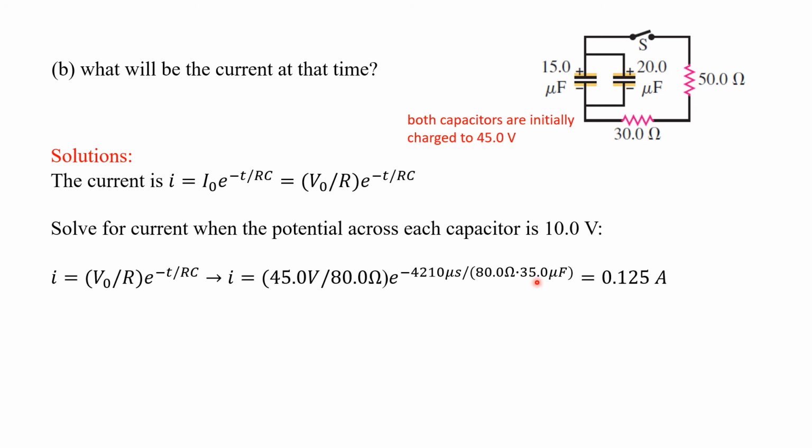Okay, so this is okay. Or you can convert this one into seconds, also this one into farads, you'll get the same answer. But we just use microseconds here because we have microfarads here, which can be cancelled out. And your current is equal to 0.125 amperes.